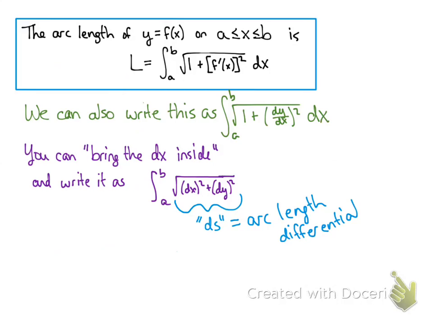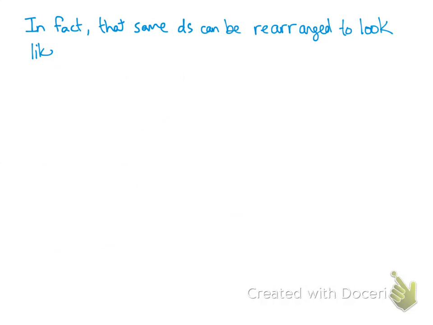Well, that also means instead of factoring that dx squared out, I could have factored the dy squared out. So I can rearrange the ds to look like this. And in there, I have a dx over dy squared. That means the derivative of x with respect to y instead of the other way around, thinking of x as the function and y as the variable.